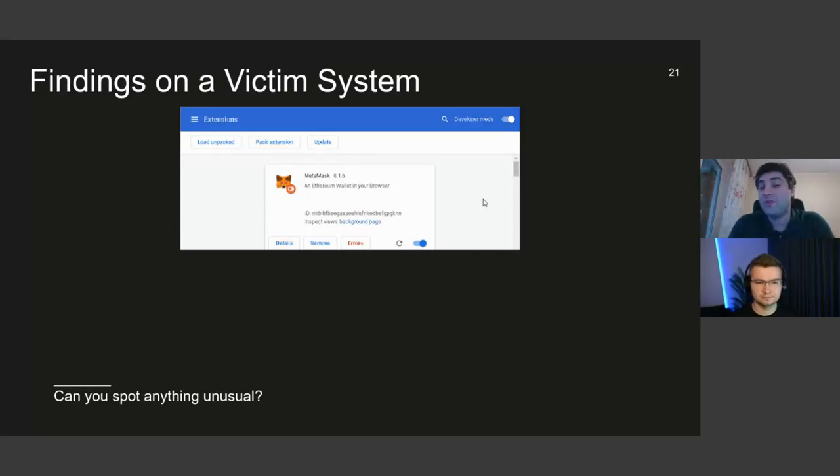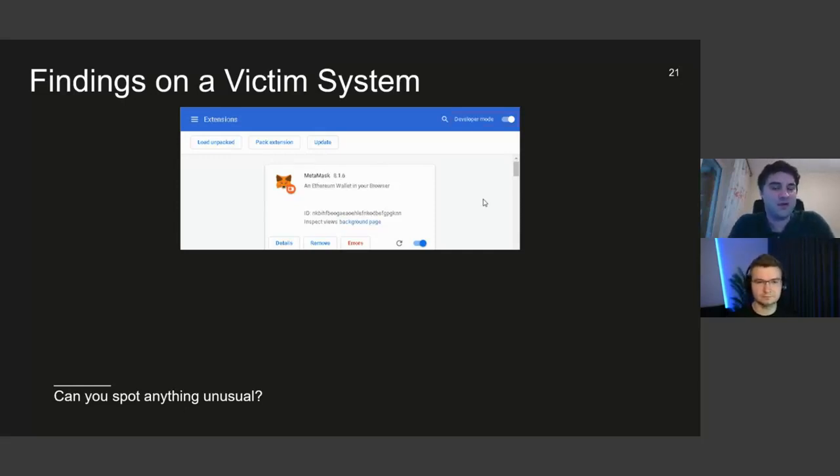But how do they modify it? This is the interesting part, because you cannot just go there and install a new browser. So instead, they try to turn on developer mode.